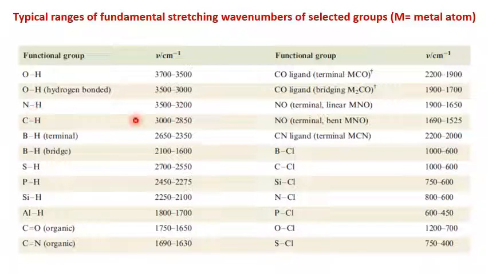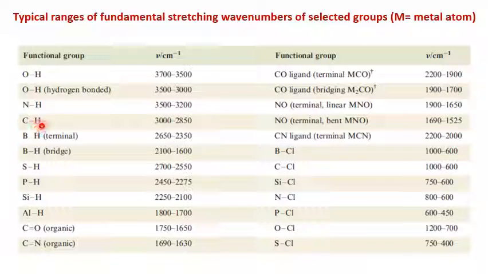It is similar for NH, 3200 to 3500. This OH and NH fall in pretty close regions, so it is difficult to find the difference between the OH and NH stretching frequencies. There are several factors I will talk about later.